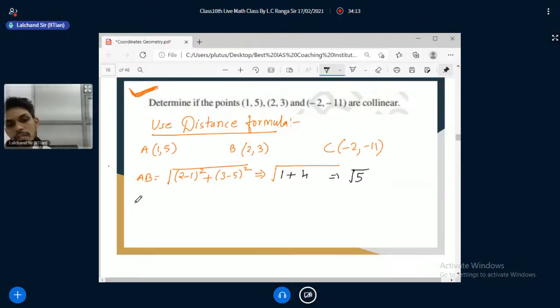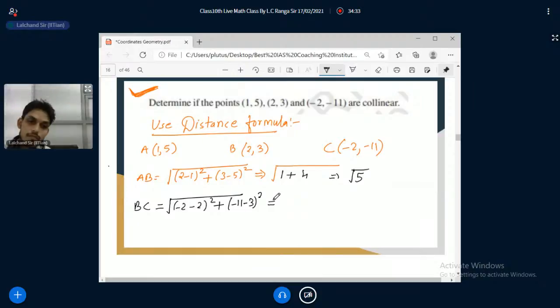And what is the distance between B and C? Distance between B and C: minus 2 whole square plus minus 11 minus 3 whole square.